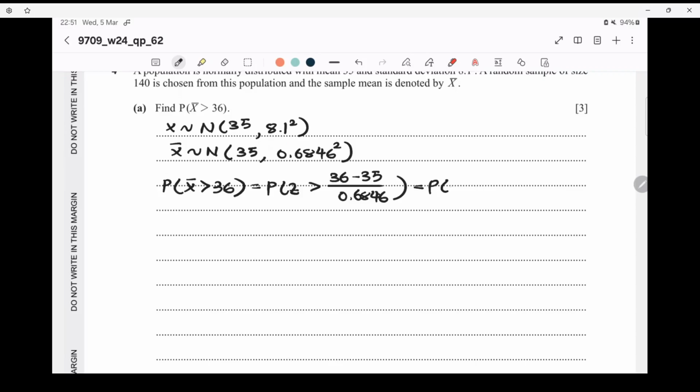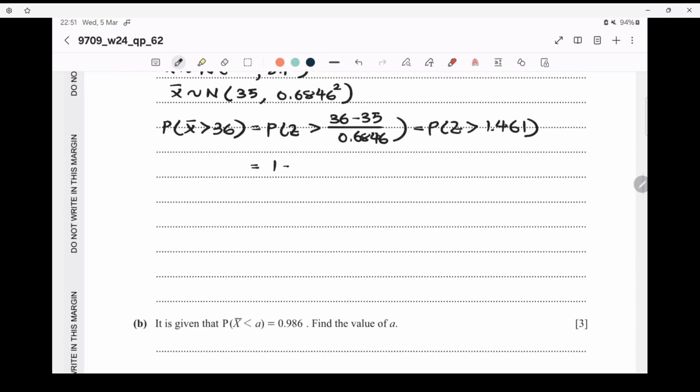So this is P(Z greater than 1.461), or this is 1 minus 0.928. Okay, so in my calculation, I skipped one step. So you should be able to get this answer.